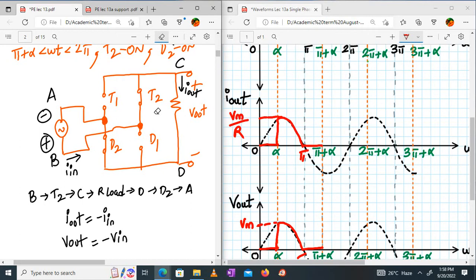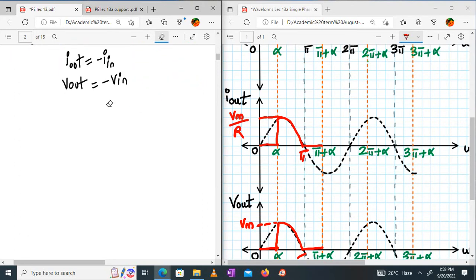Why is the output positive? Because the direction of Iout has not changed. Iout is still flowing in the same direction. If the direction of Iout had changed, then Vout would have been negative. But now in the negative cycle, we are getting positive output. So that means output is following negative of V.